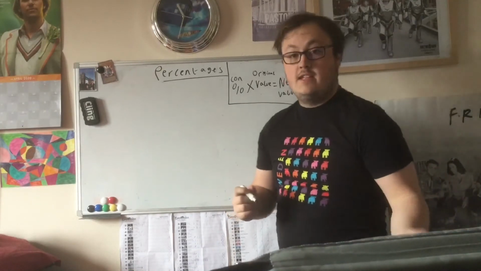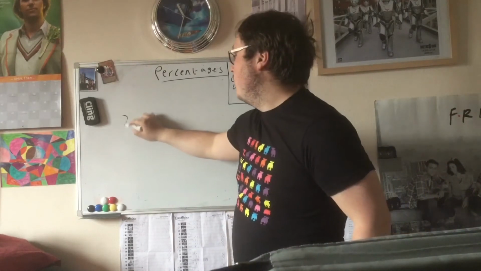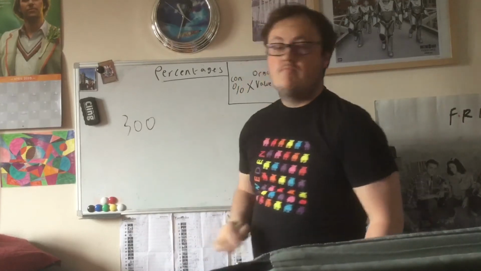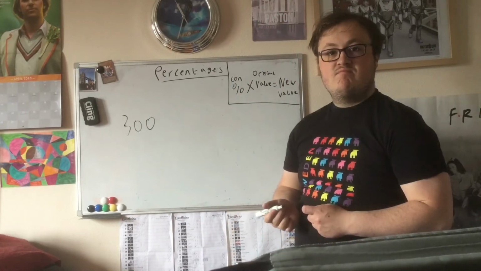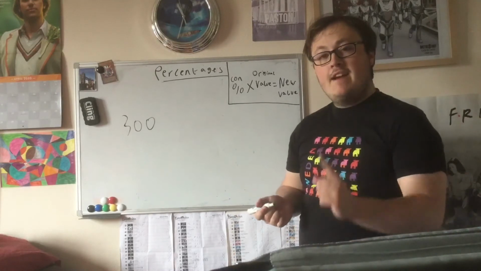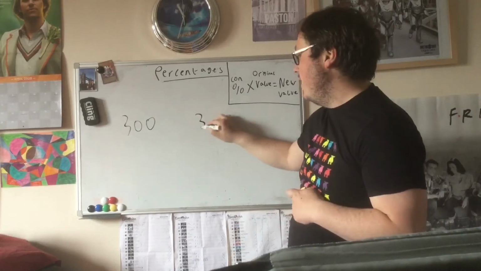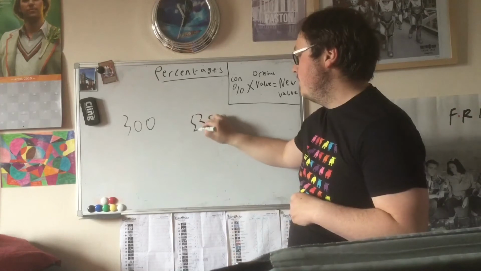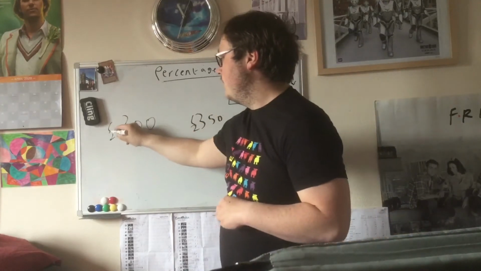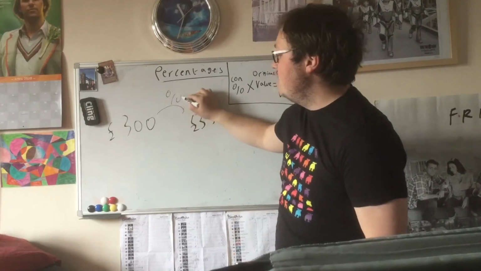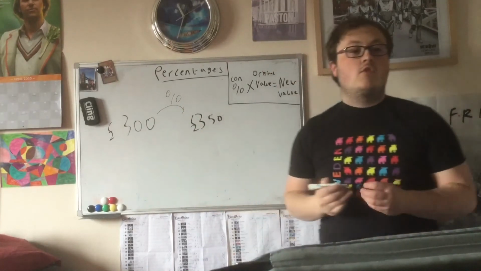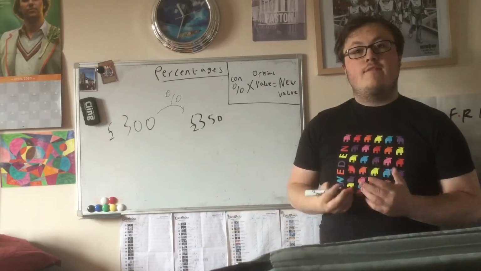I started with £300, invested it, and after a year, that value had gone up to £350. What was the percentage that it increased by? How much did that value increase?